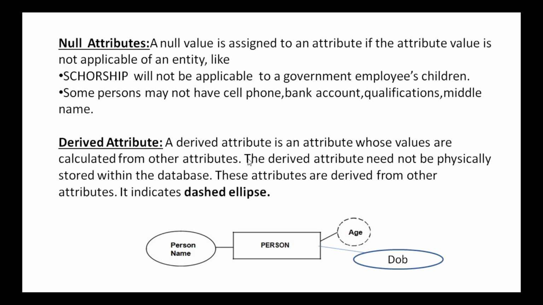Of course, for government employees' children, scholarship will not be applicable. So in that column, you just leave it empty for those particular students. That type of attribute is known as a null attribute.